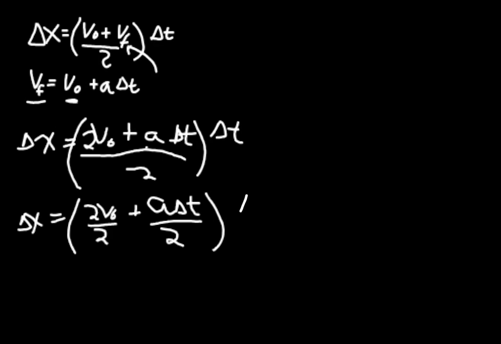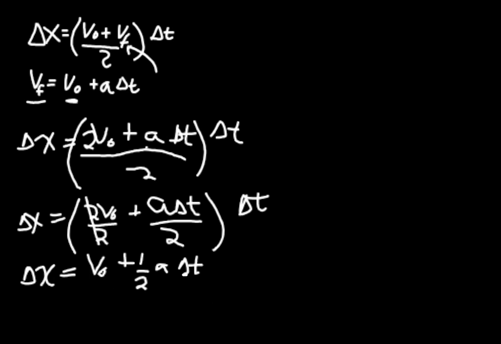Times delta t. So these 2's divide out, and I'm going to factor a 1/2 out of this denominator here. And that means now we have change in position equals initial velocity plus 1/2 acceleration times change in time, times change in time.